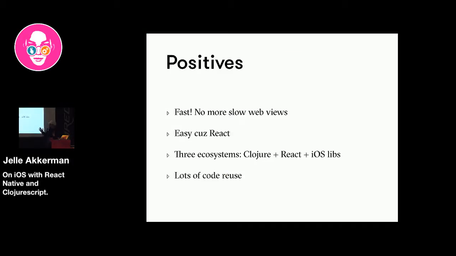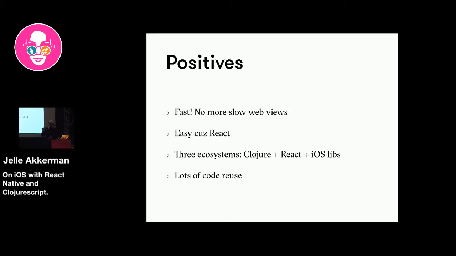So far positive. It's fast because there are no web views involved, so the scrolling feels super native. We already knew React and Clojurescript, so that was kind of a head start, because React Native is really like React, as I'll show you in a bit how it looks.